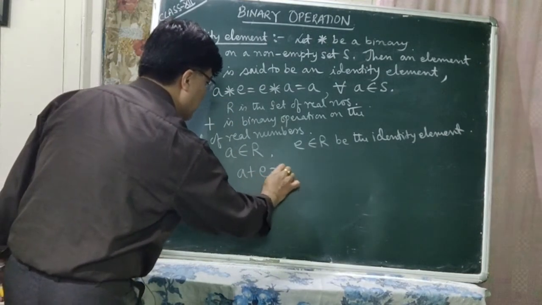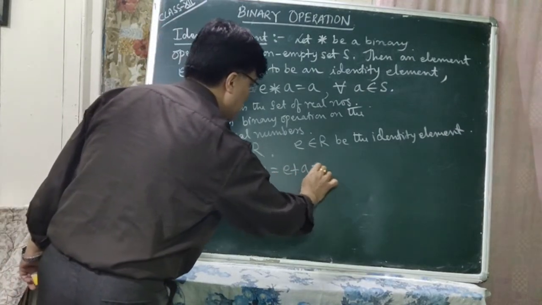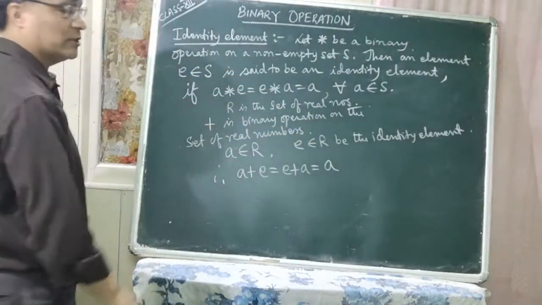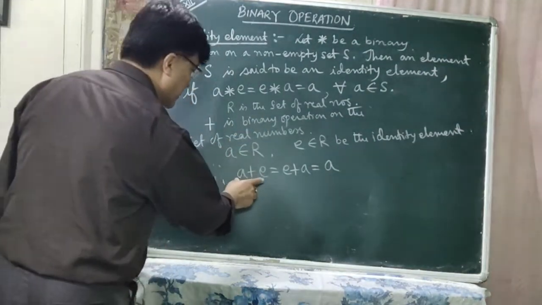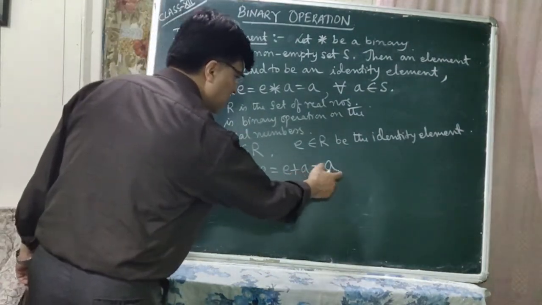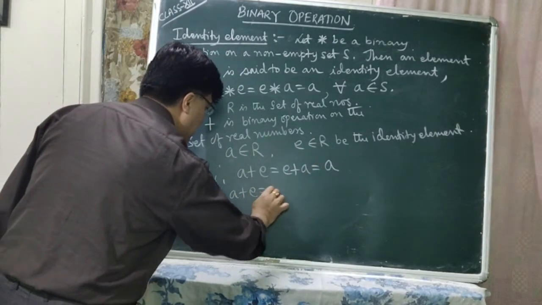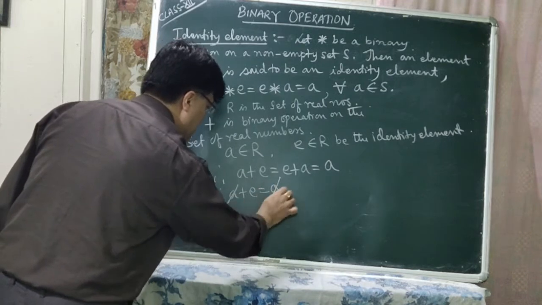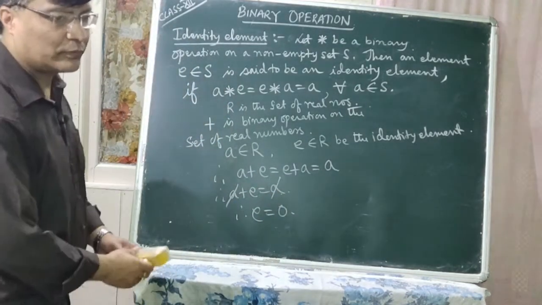A plus E is equal to E plus A, which should be equal to A. Either you can equate A plus E is equal to A or E plus A is equal to A, that is the same thing. So A plus E is equal to A. Here A cancels, so E is equal to 0.